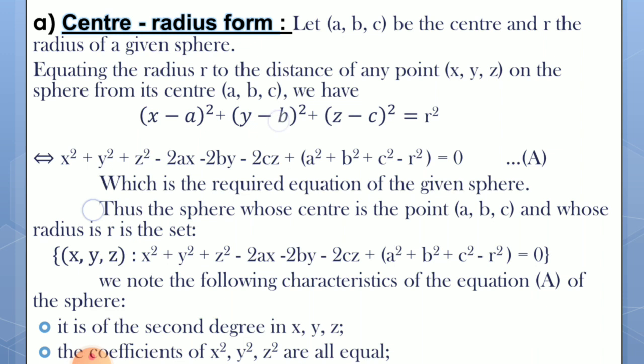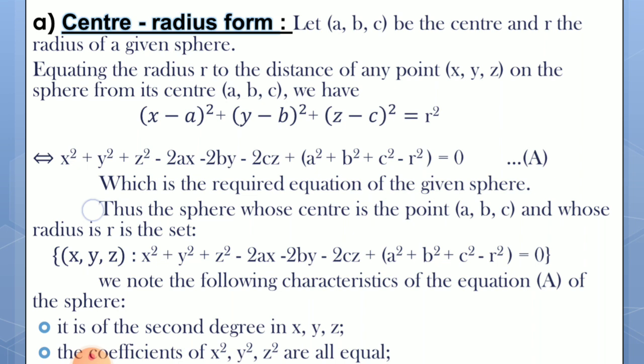Now simplifying this equation, we get x square plus y square plus z square minus 2ax minus 2by minus 2cz plus (a square plus b square plus c square minus r square) is equal to 0. This is called the equation of the given sphere. But it is not necessary to remember this.